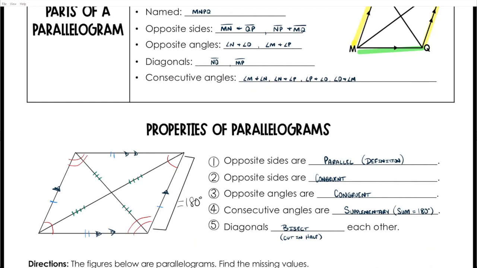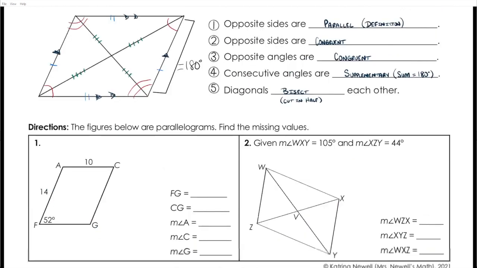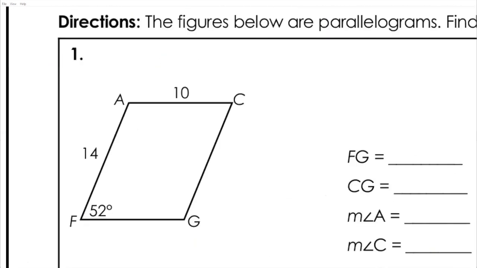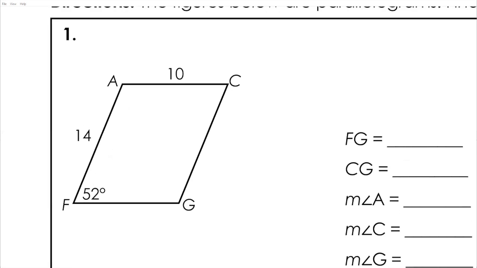So we're going to use our properties of parallelograms to help us solve for missing values. So looking at number one, okay, we've got parallelogram ACGF. And if we want to, we can go ahead and highlight our opposite sides. Maybe that'll help us. AF, CG.